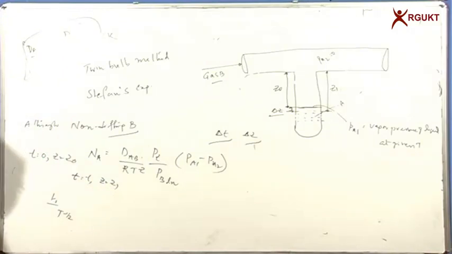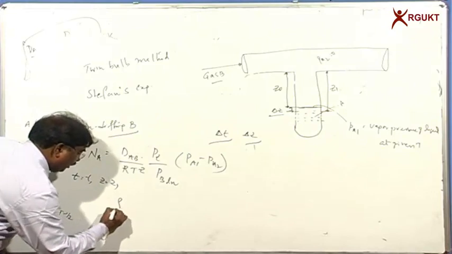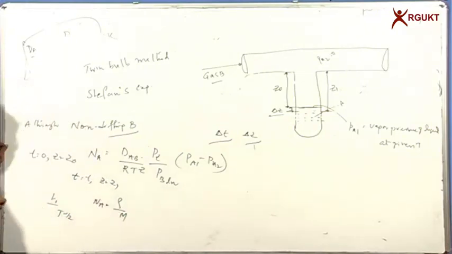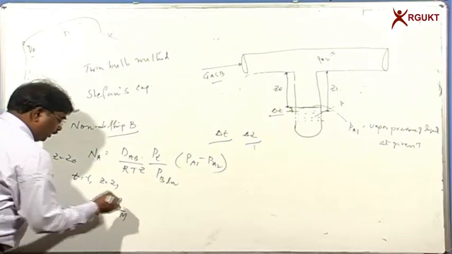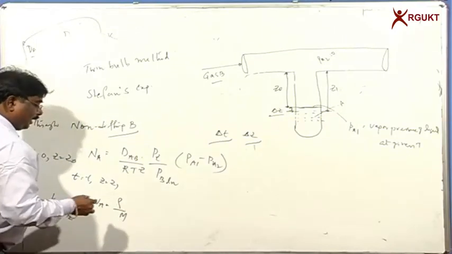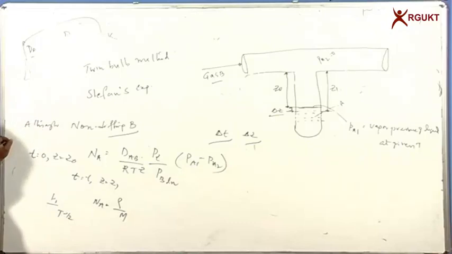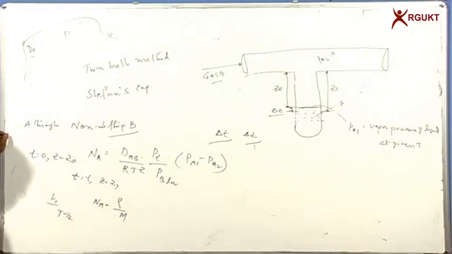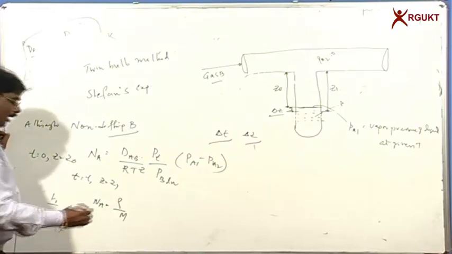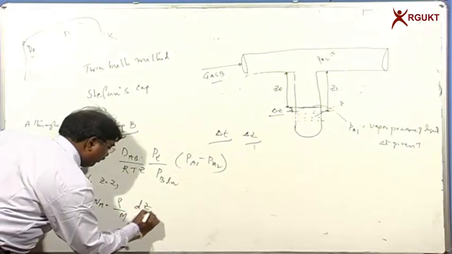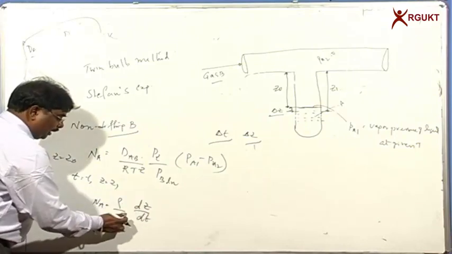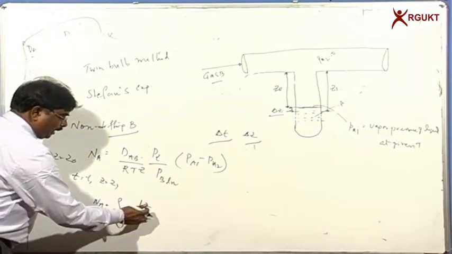How much liquid has evaporated can be calculated by Na is equal to rho divided by M into dz by dt. Rho is the mass concentration, kg per meter cube, divided by molecular weight, so we get kg moles per meter cube, multiplied by meter per second.